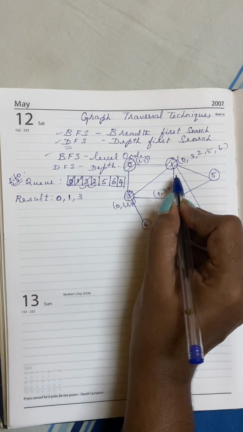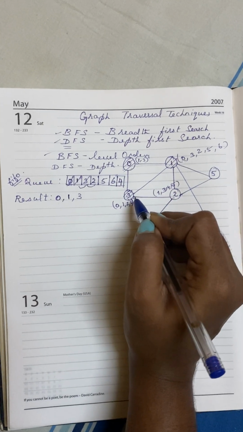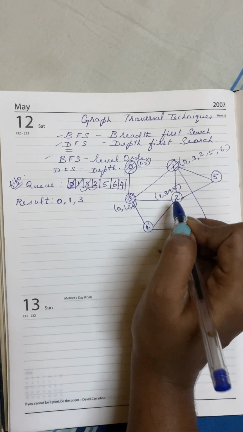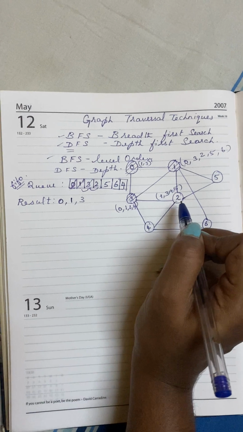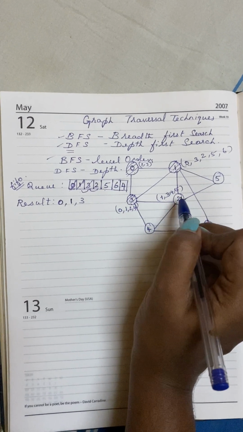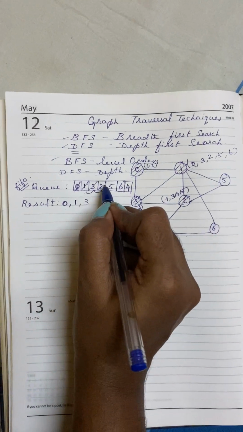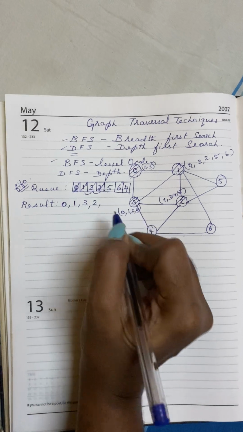You check for 1, it is already visited. You check for 3, which is already visited. You check for 4, it is already there in the queue. You need not insert it again. You check for 5, that is also in the queue. So now you have visited 2 and we are bringing it out of the queue.